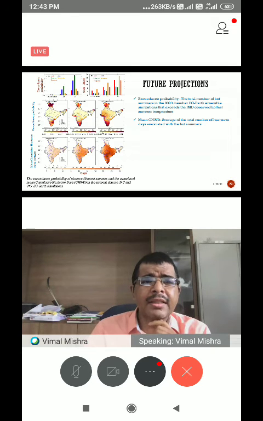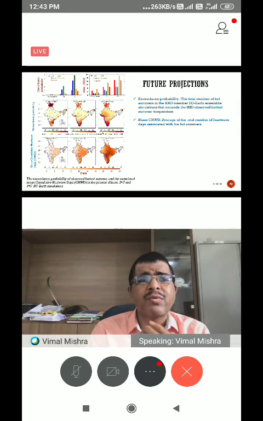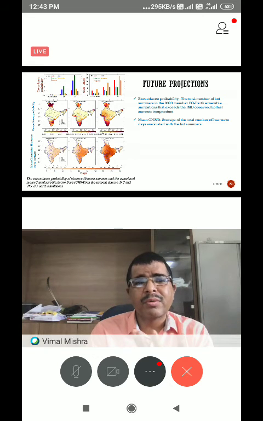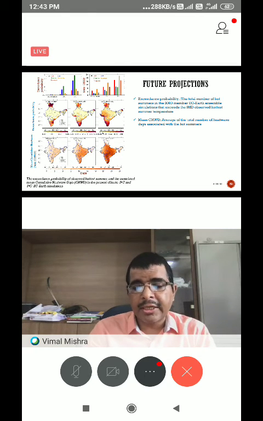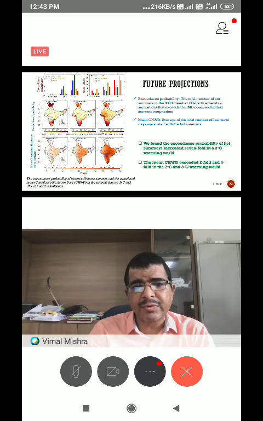We found there will be roughly a minimum 7-fold rise. In some climatic zones, it may be more than 7-fold, maybe 10-fold. So they will occur more frequently. That is a very robust result when it comes to extreme hot temperature or hot summers and how they are likely to increase.